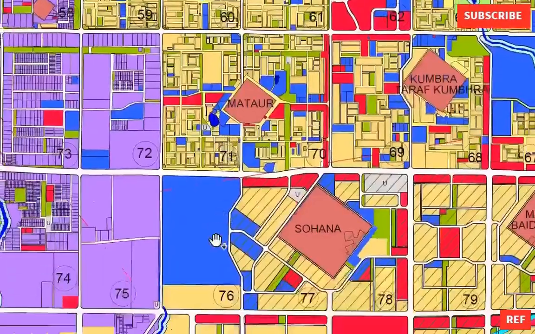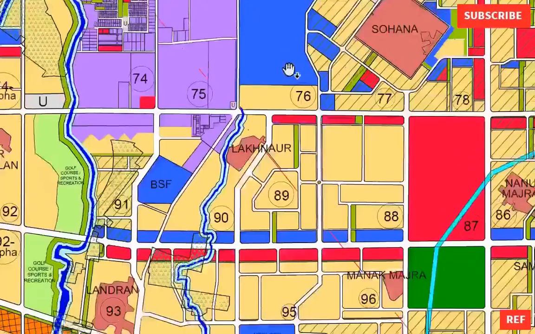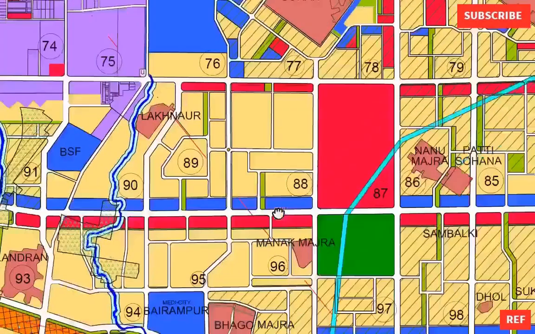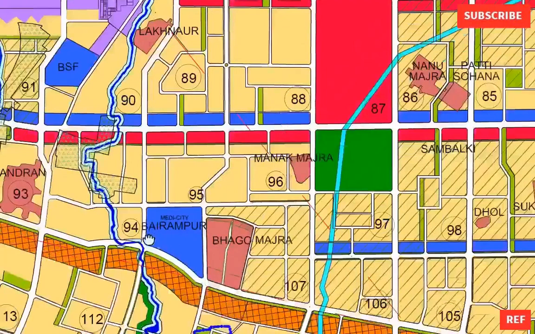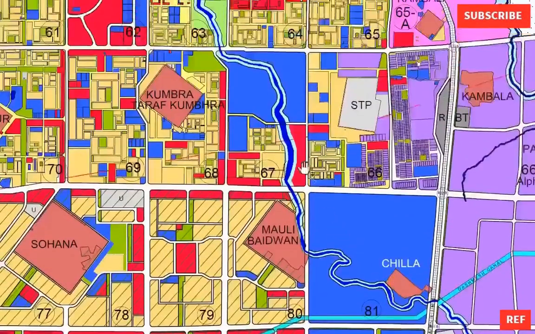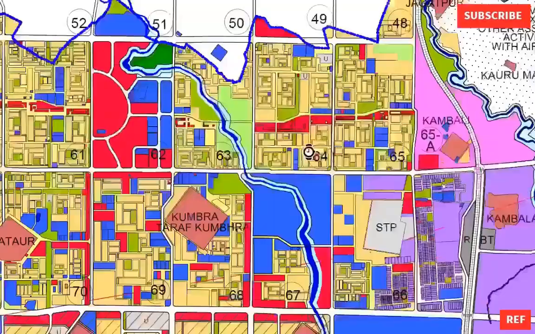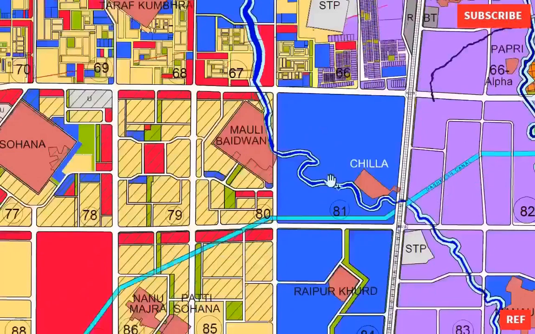So this kind of light blue colored area is the area allocated to government offices, district court complex, police stations, hospitals, medical testing labs, R&D institutions, technological institutions, colleges, universities, religious institutions, community centers, and many more such kind of institutions can exist in this kind of area.